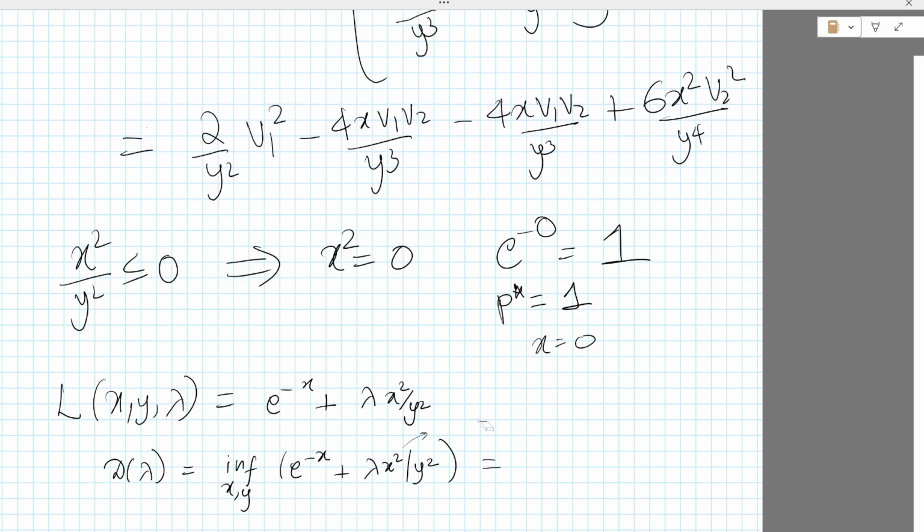Okay, x equal to 0 is when I put it there, but here what can we say?